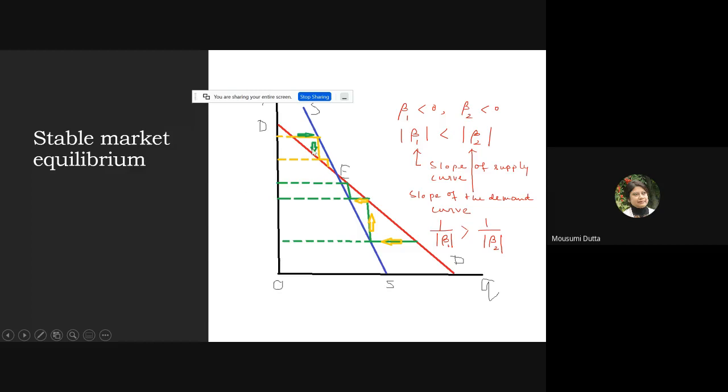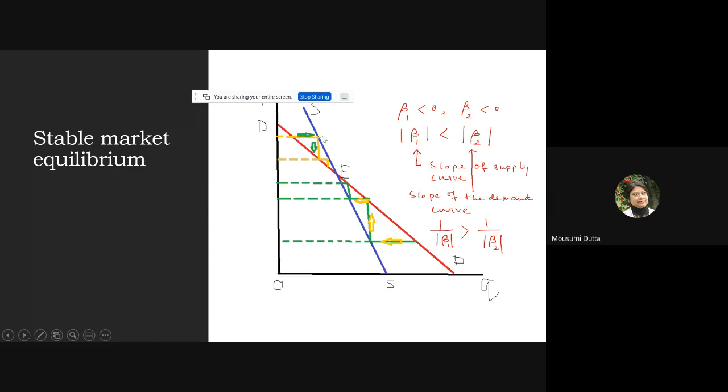However, depending on the value of A, or depending on the value of P naught minus PE, your starting point may be like this. In this particular case, the demand is this much and supply is this much.